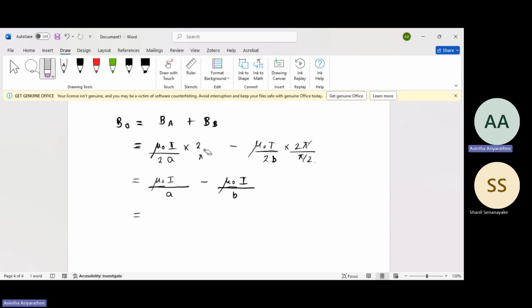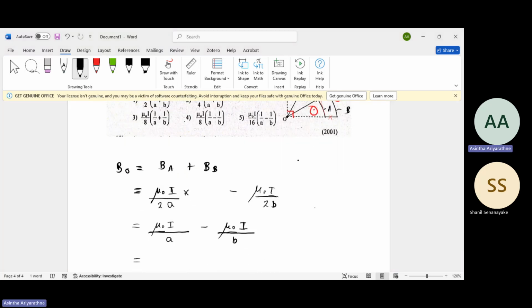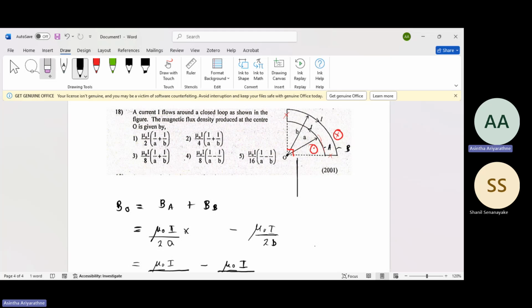And so this should be interchanged actually, these two. The basic expression is mu naught I.